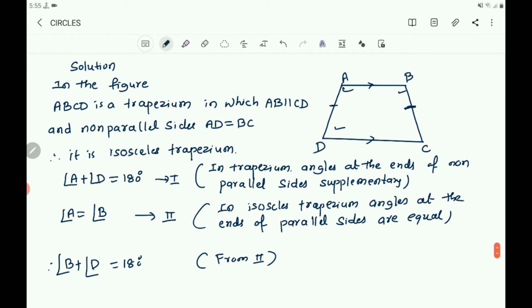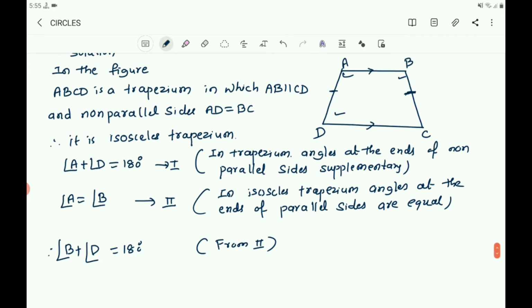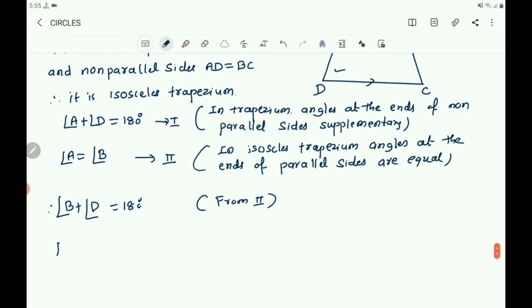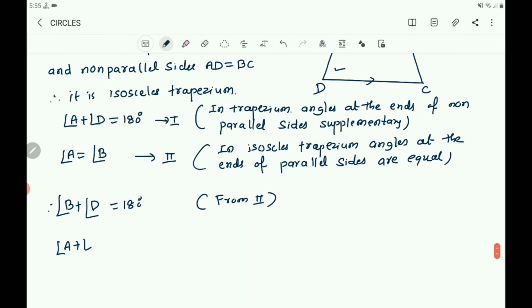So you got that the sum of one pair of opposite angles is 180 degree, and you know that angle A plus angle C must also be 180 degree. That is, you know that angle A plus angle C plus angle B plus angle D is equal to how much? 360 degree.